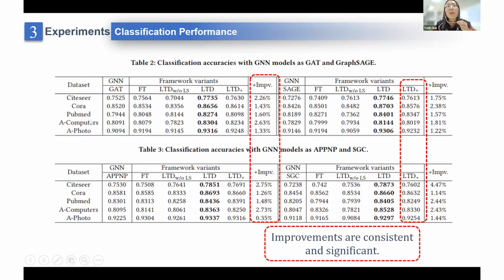And in this column, the student distilled by our LTD has a constant improvement compared with the student distilled by a fixed temperature hyperparameter. Our distilled student has relative improvements in prediction accuracy. This observation verifies our motivation of learning node-specific temperatures and demonstrates the effectiveness of our method.